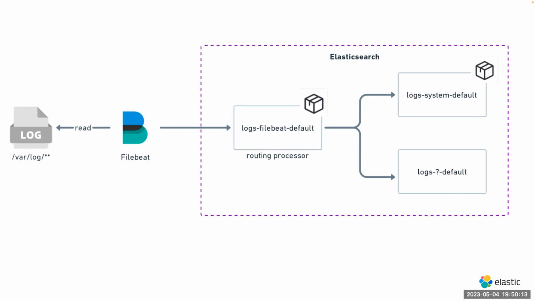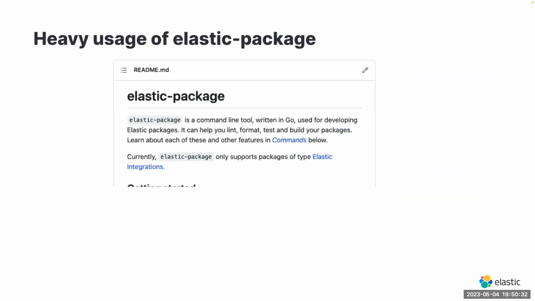They do. I'll show you today. And then we actually ship all the logs to logs-filebeat-default, the data stream naming scheme, introduce some routing rules, and put some of the logs into logs-system-default. So that is the demo we're going to do. Let's see how far we get.